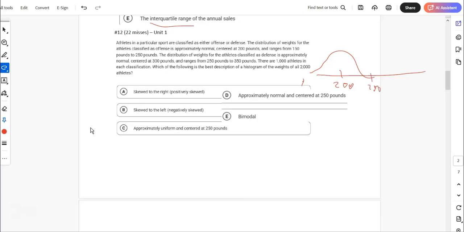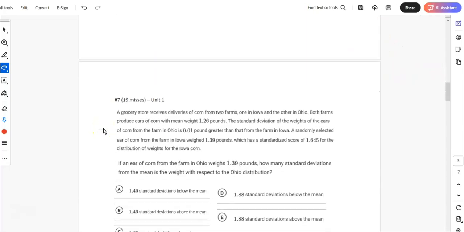The distribution of weights of the defense is centered at 300, and it goes from 250 to 350. That's a really bad drawing, but what would describe it? It's definitely bimodal, right? Offensive and defensive players are largely different weights.